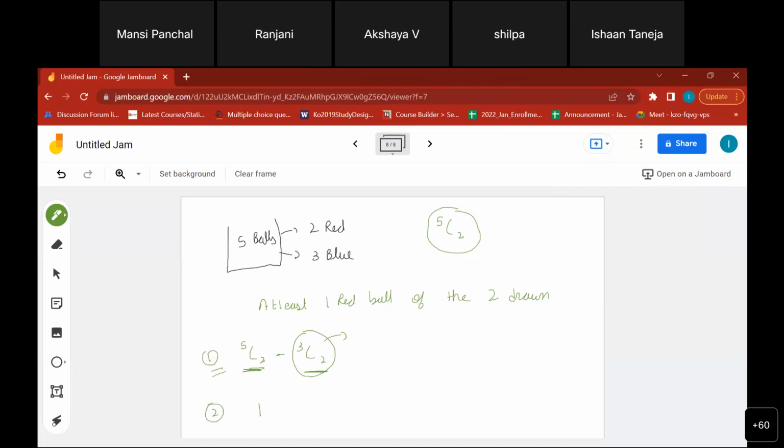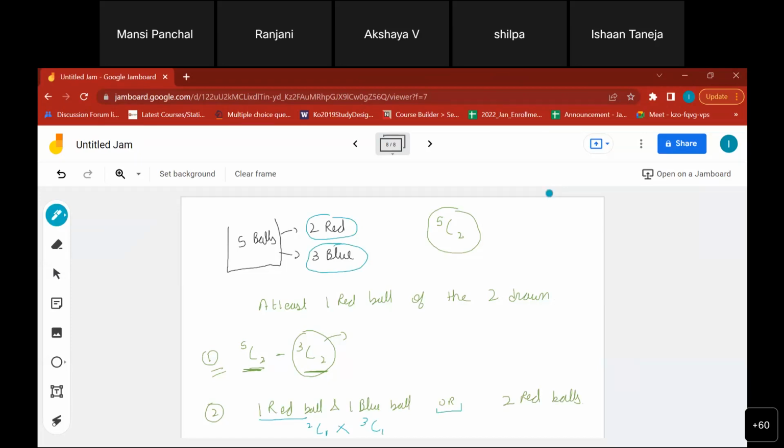Another way to approach it: at least 1 red ball means I should have either 1 red ball and 1 blue ball, or 2 red balls. These are the 2 cases. For the first case, 1 red ball means out of these 2, I need to select 1, 2C1, and at the same time I need to select one of these three, so 3C1.